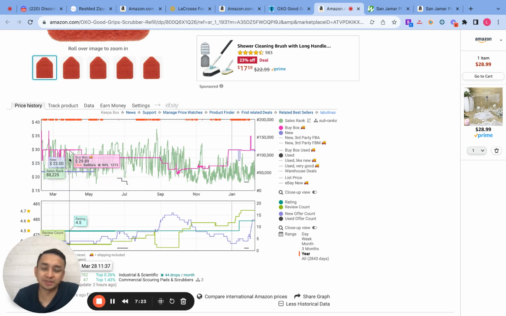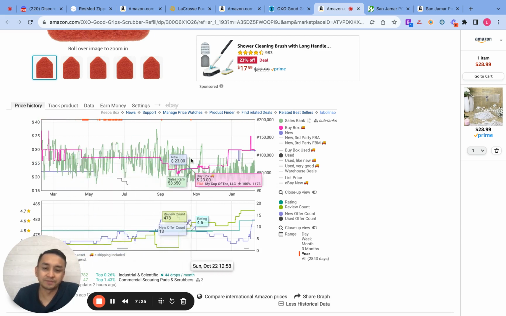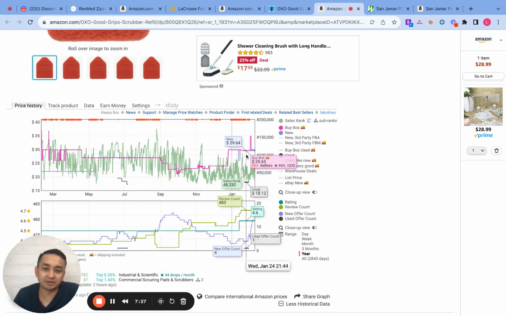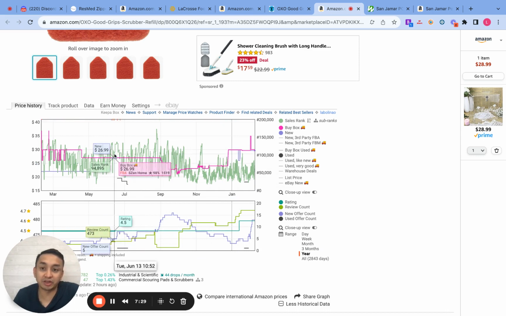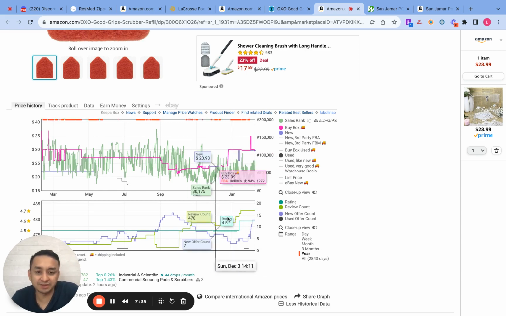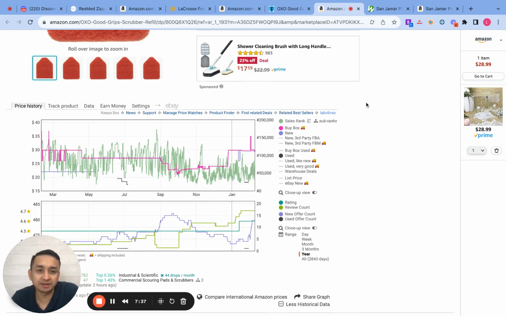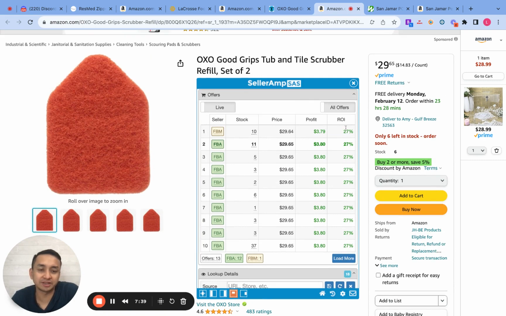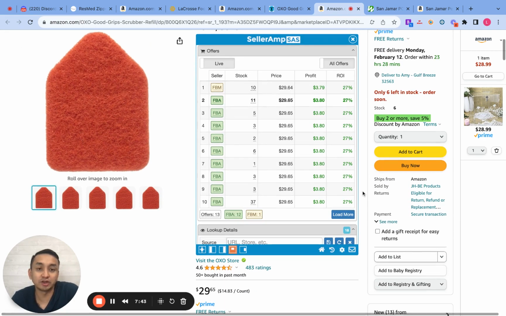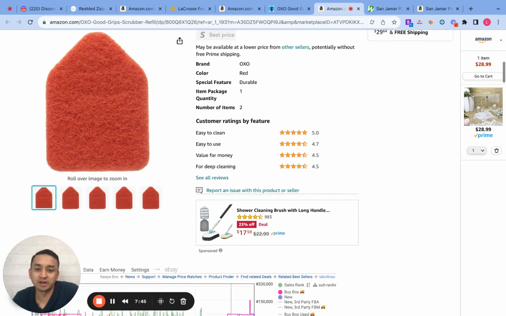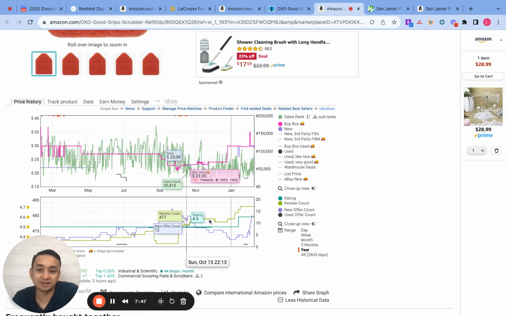The price is pretty okay too. So I would just be on the lookout for this product to see if there's any changes. Again, data looks good. It's giving you a decent ROI, but the only concern is the low sales per month of 44, and also the increase in seller count.